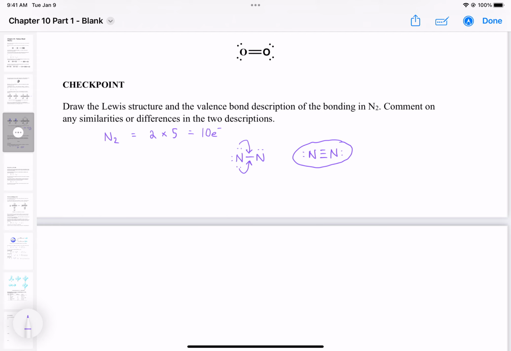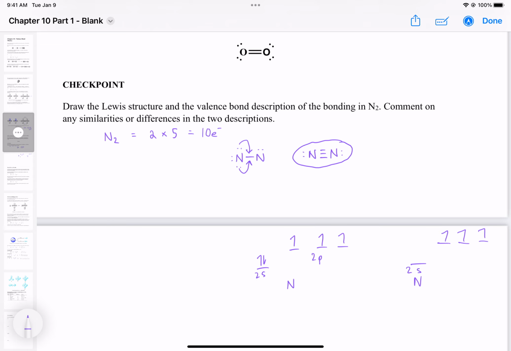Okay, so if we think about the 2 nitrogen atoms, nitrogen is 2s2 and then 2p3. So each nitrogen atom has this electron configuration. Here's the 2s, here's the 2p.